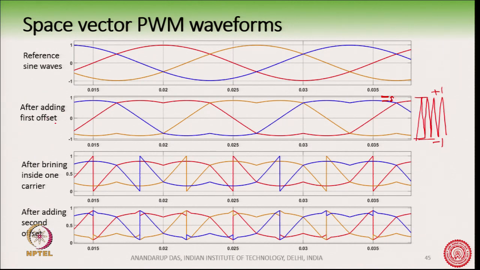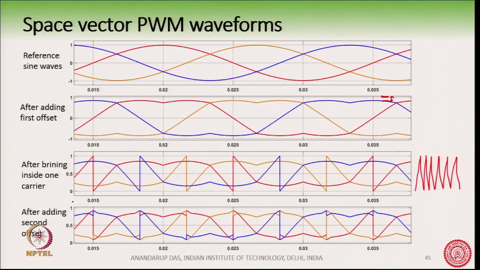Now, after we added the first offset, this becomes our reference waveforms. Now, let us bring this inside one carrier. Okay. When we put it in one carrier, the carrier is again spanning here. This is the one carrier, right. I will remove this one, this was for a 2-level VSI carrier. So, this is the one carrier which is present here between 0 and 1.